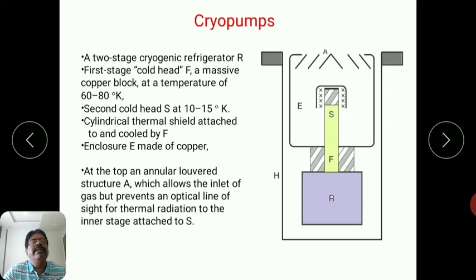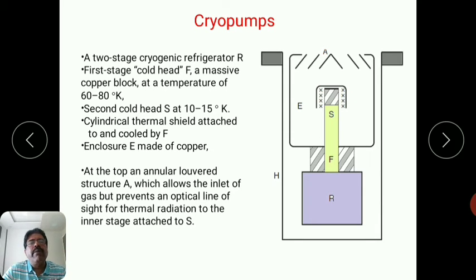So how is it maintained at this temperature? With the refrigerator R. That refrigerator involves the household refrigerator cycle. You know that a refrigerator works on a closed cycle. You can see that it is formed with the help of four processes.